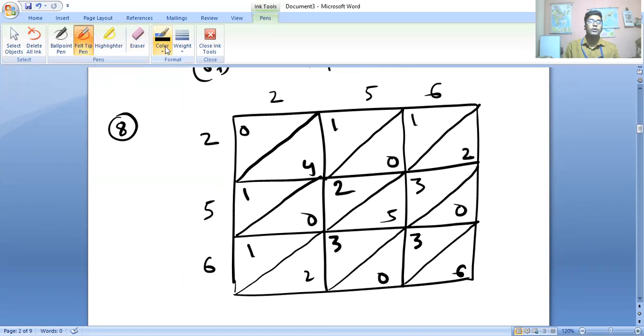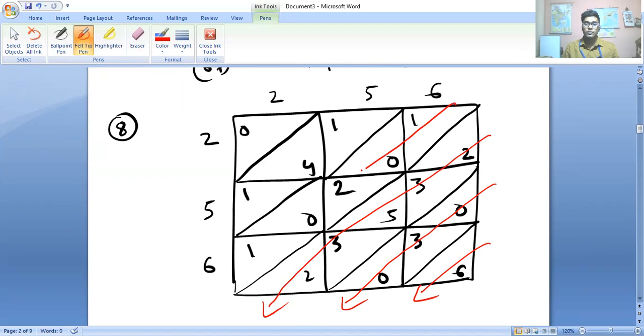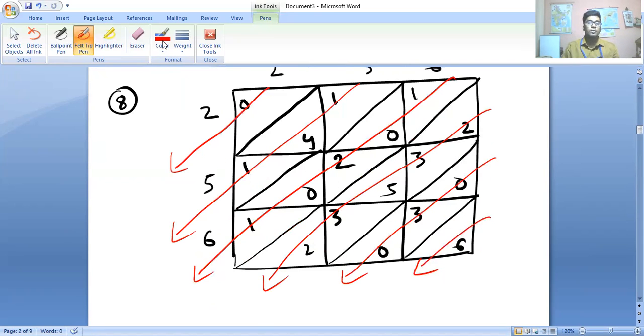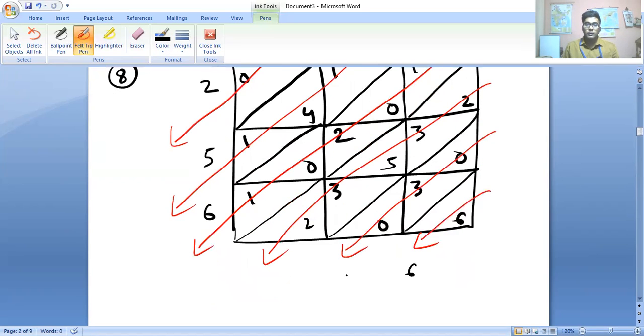Let's see the different colors. Now we add along the diagonals. So the first becomes 6, then 3.